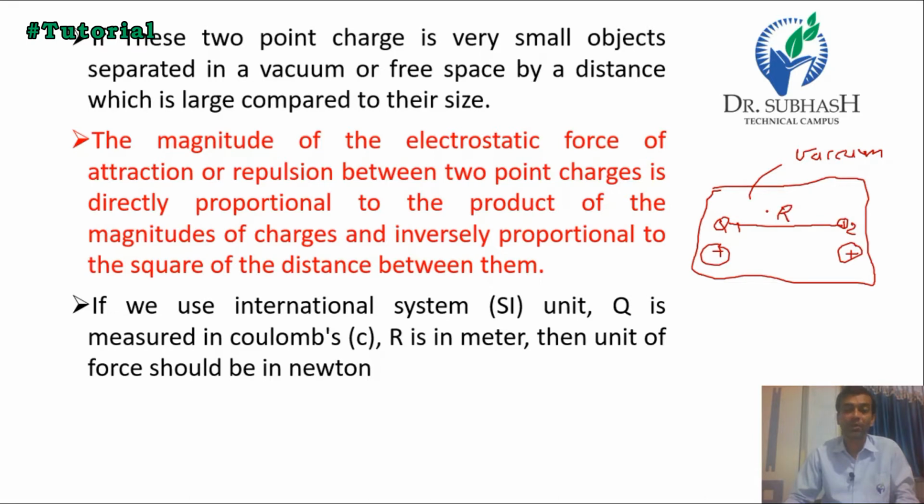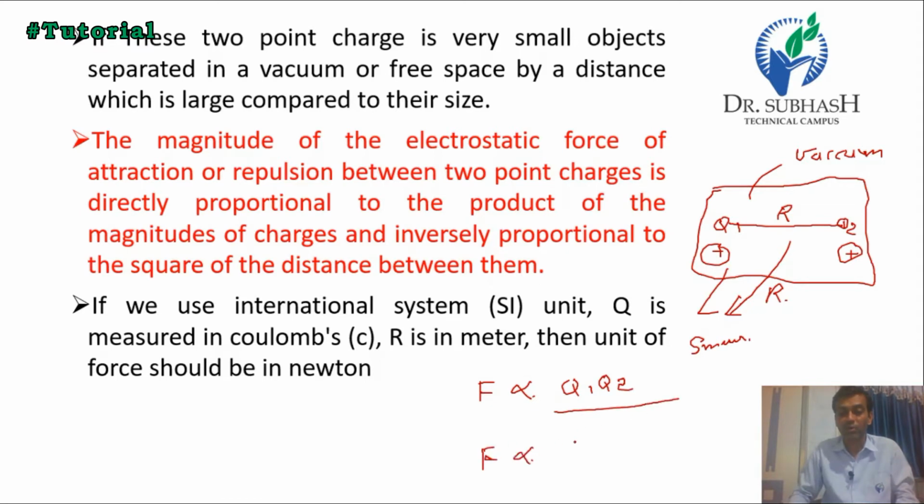Then as per Coulomb's law, these two point charges must be very small compared to the distance between them. The force acting on both charges is directly proportional to the product of the charges and inversely proportional to the square of the distance between them.